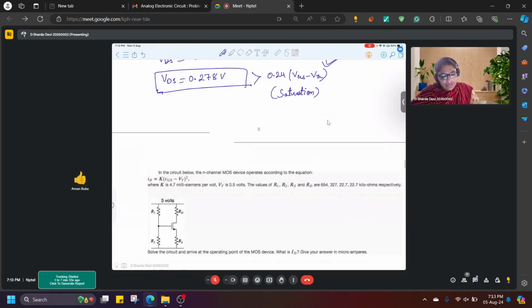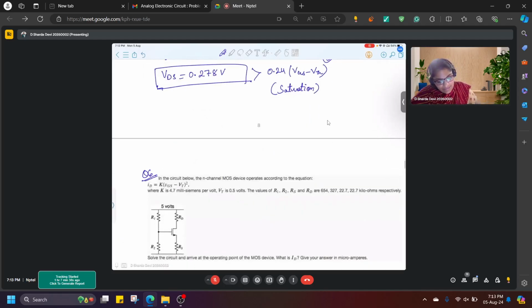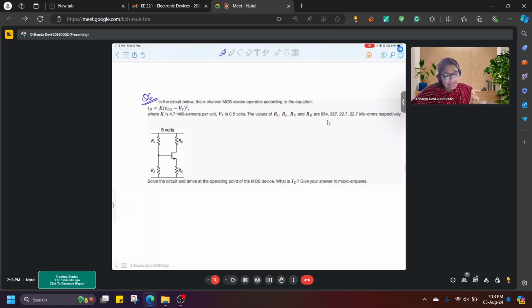Okay. So moving on to the next problem. Problem 6. So in this problem, see here, what has changed from the previous problem? Again, it's an NMOS. But you see here, there is another resistor which has been introduced, which is RS.